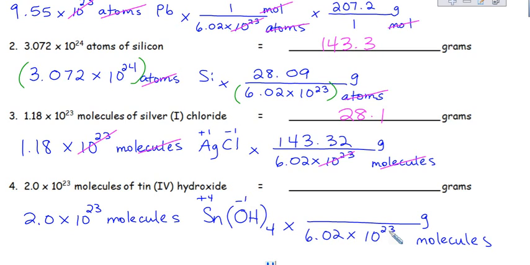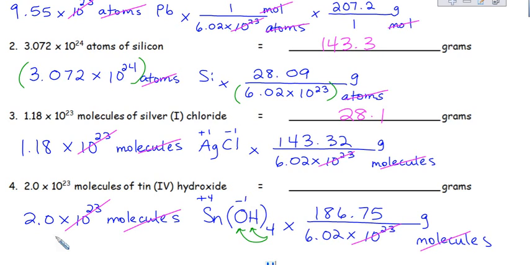Now this time I will need to distribute. I need 1 tin plus 4 oxygen and 4 hydrogen. So this mass is about 186.75 grams. Molecules and molecules will cancel, and yes, I can cancel the 10 to the 23rd.